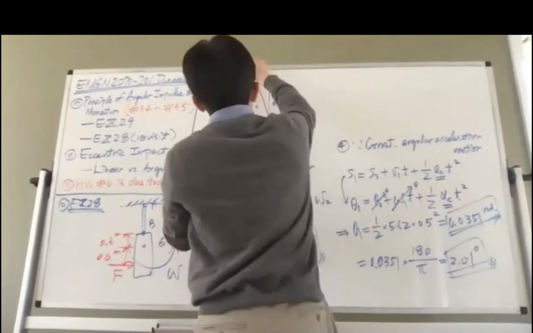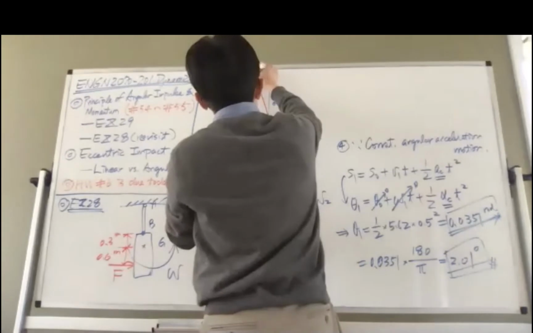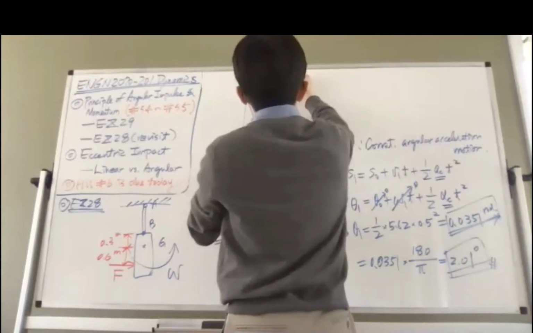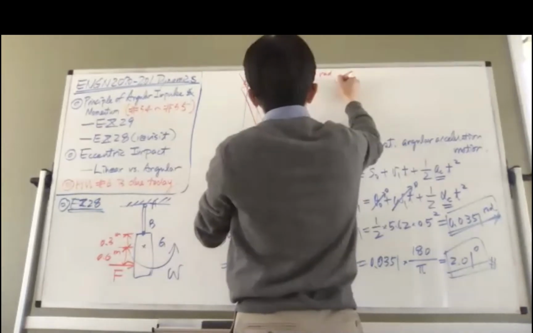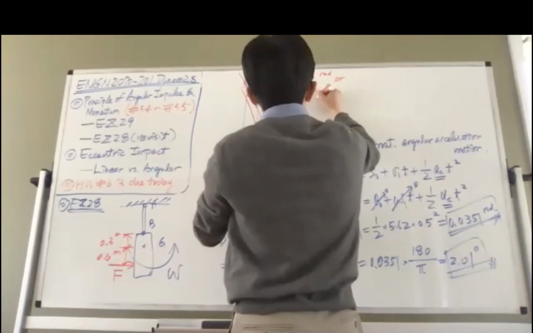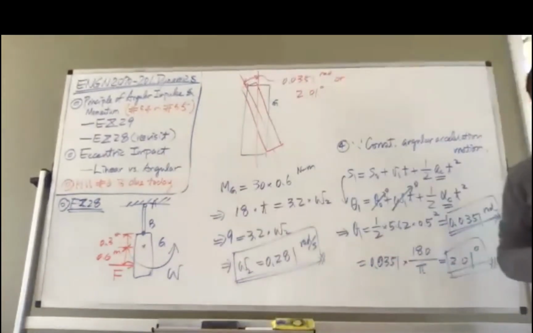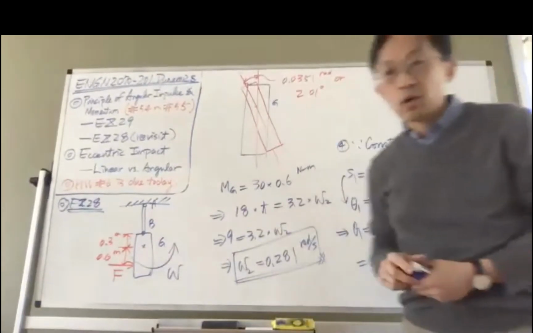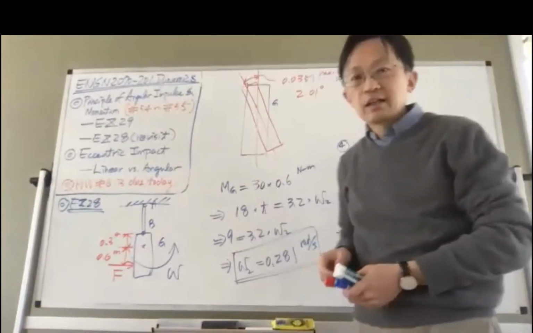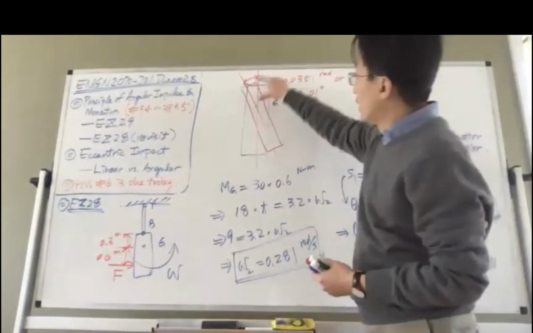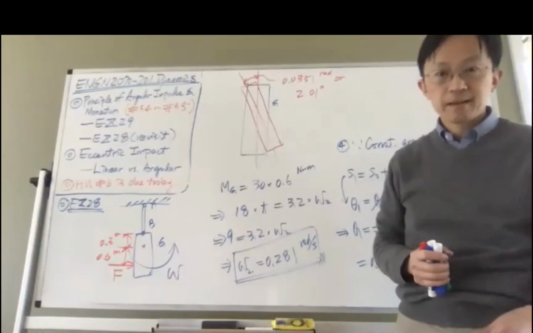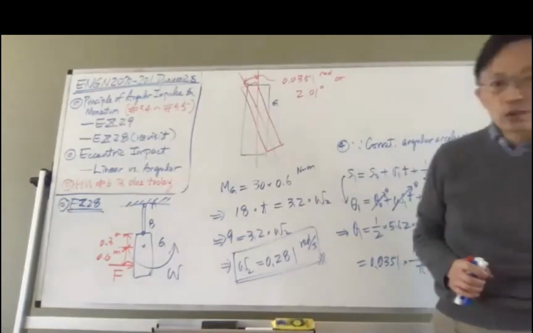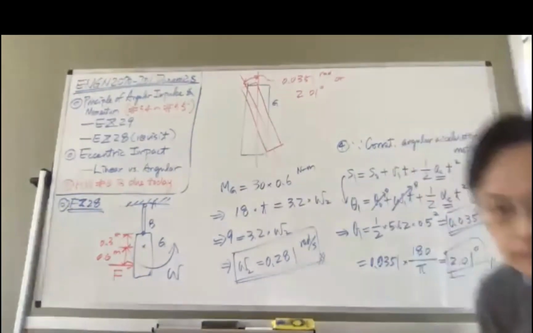This angle right here is going to be 0.0351 radian, or 2.01 degrees. Now, because this angle is very small, you can also calculate the displacement by just multiplying the distance times the angular displacement. Okay, so that will be the revisit for this problem.